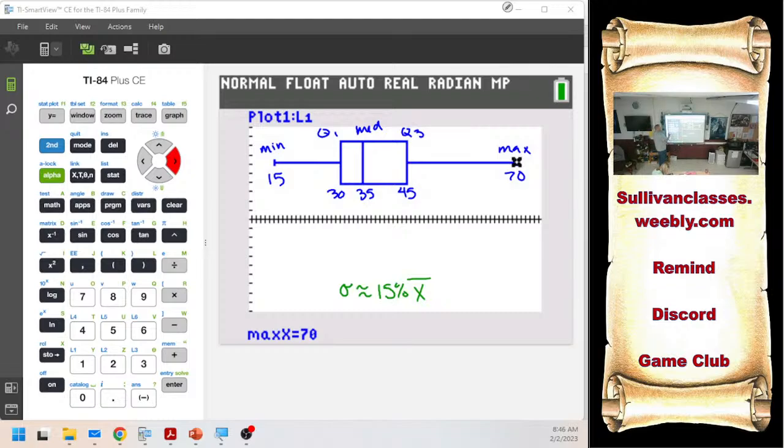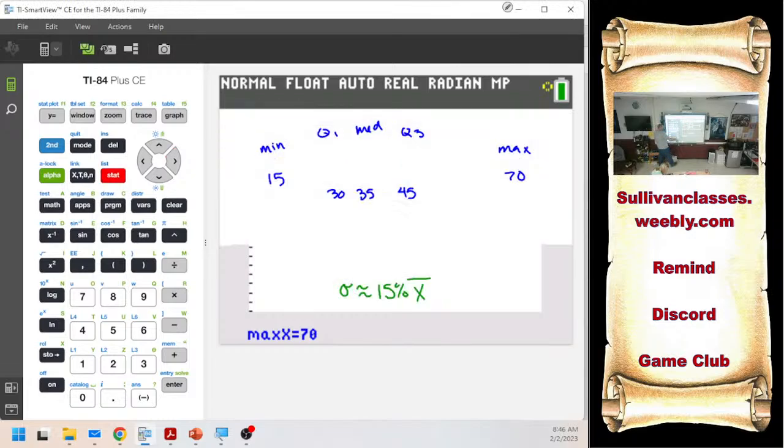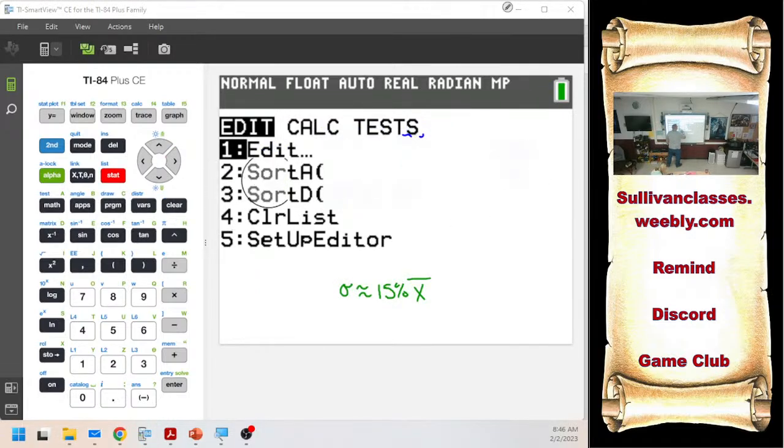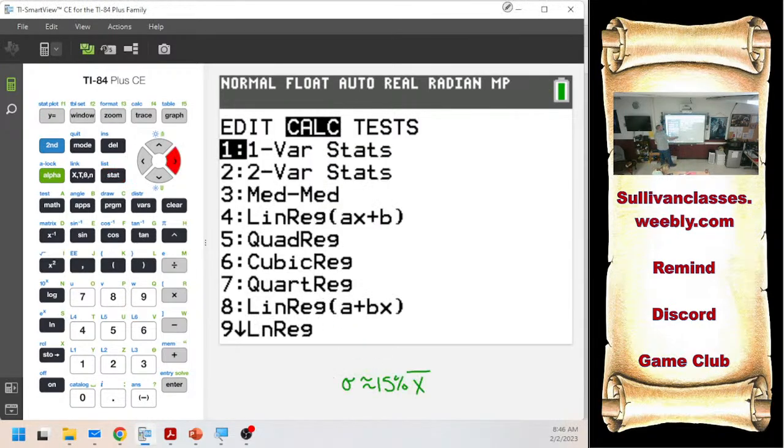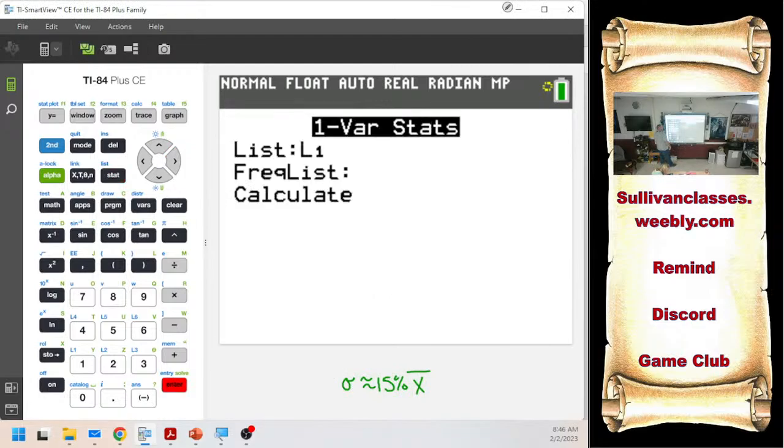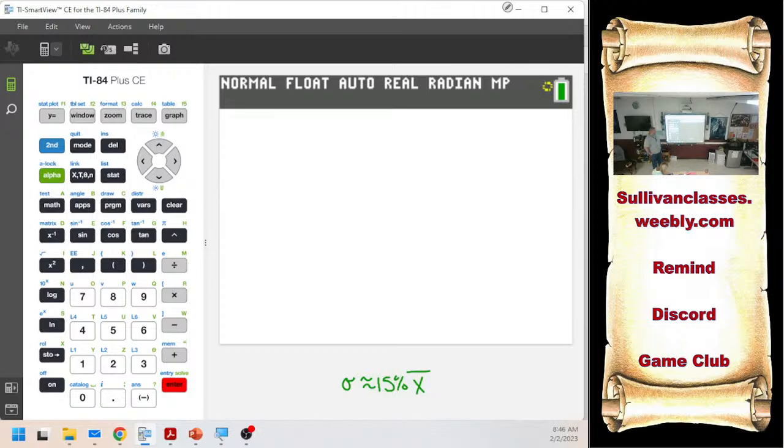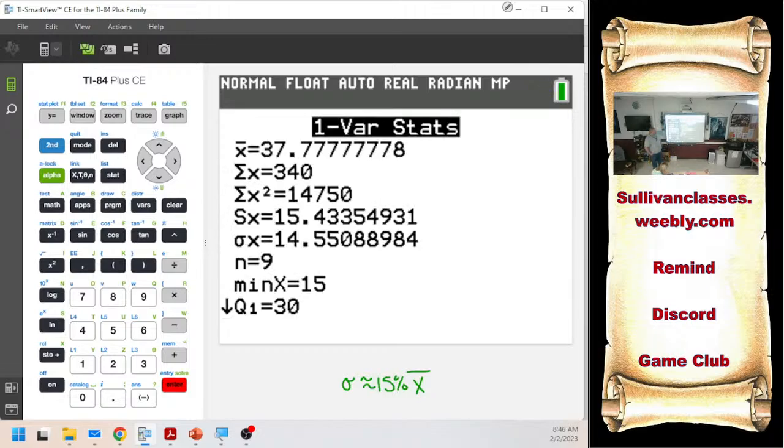So, how do I find those numbers? Stat, calculate, one variable stats. I do not need a frequency list because I don't have enough data. So I've got a mean at 37.778.